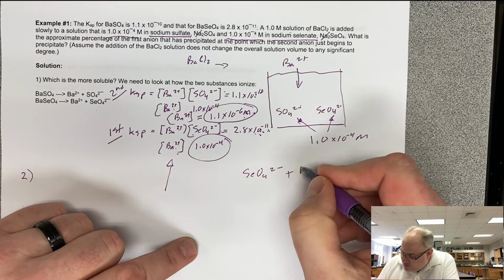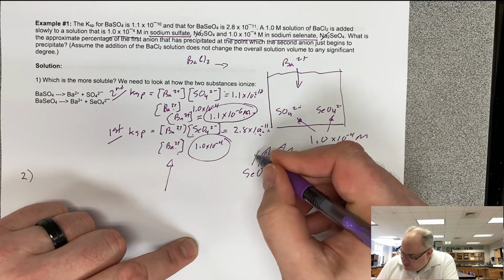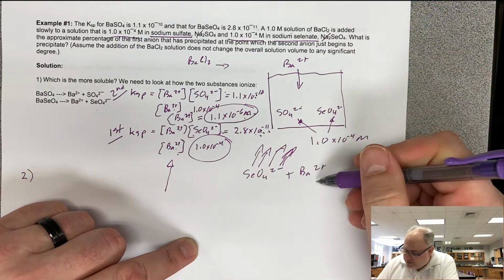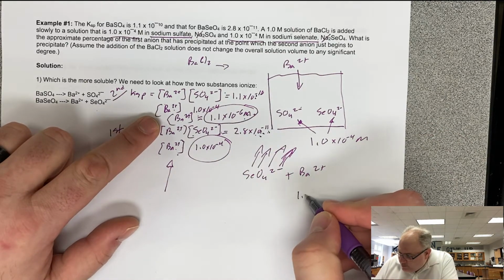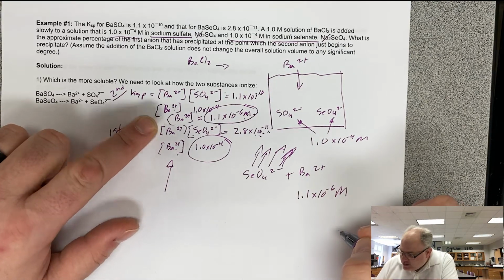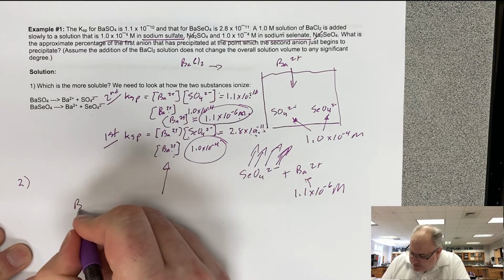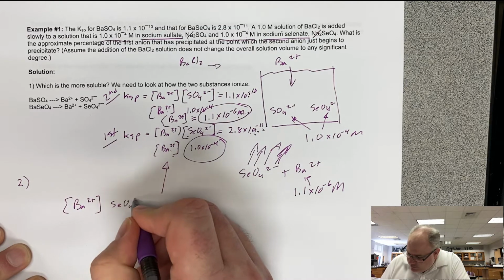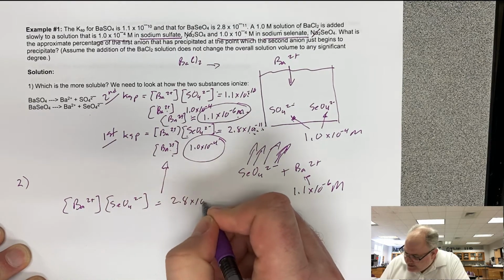But as that reacts over and over again with Ba2+, would you realize that we're losing SeO4 over and over again? Yeah? While we're still adding in more and more Ba2+. When the second thing starts precipitating is when we have 1.1 times 10 to the negative 6 molar of this. So what we can do is go to our Ksp expression here, which is Ba2+ times SeO4 2- equal to 2.8 times 10 to the negative 11.